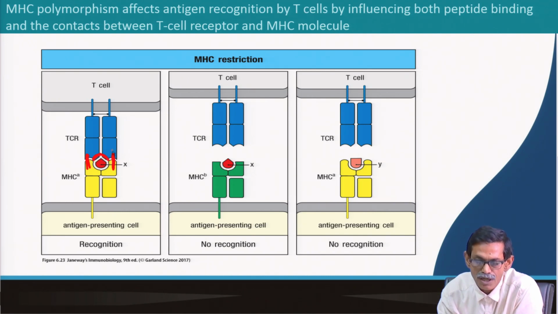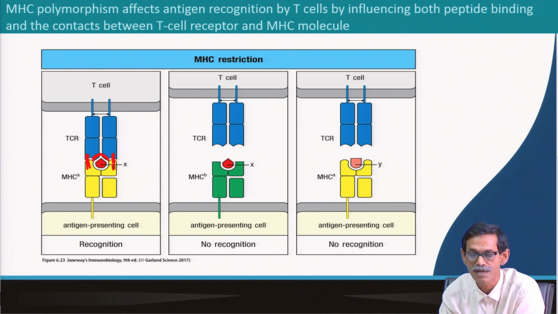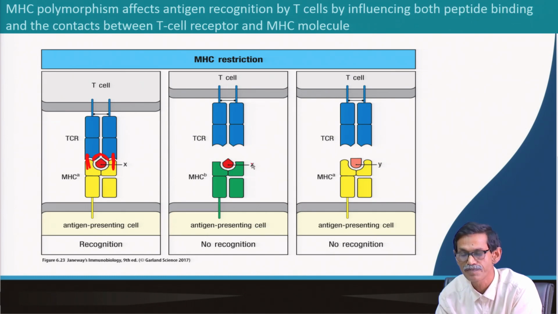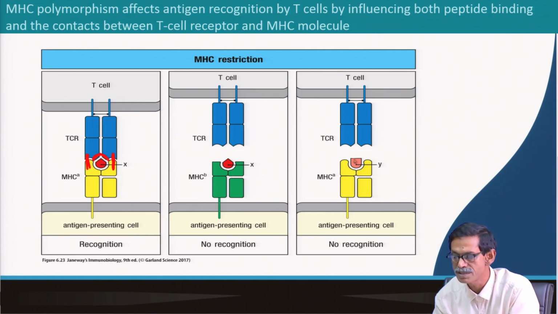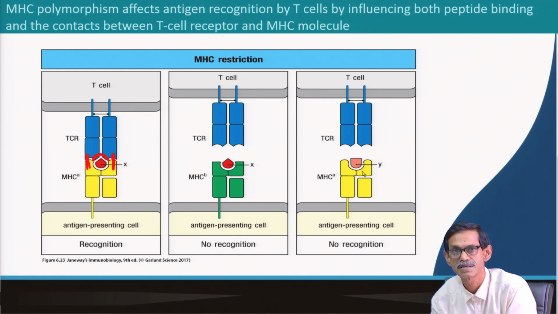This interaction is not possible with this T cell if the MHC is a different type. You see how it is different? In this case the green part is flat instead of oval. Even if the same antigen X is there, the TCR will not interact. Or with the same MHC but a different antigen Y, this TCR which can recognize X will not interact.